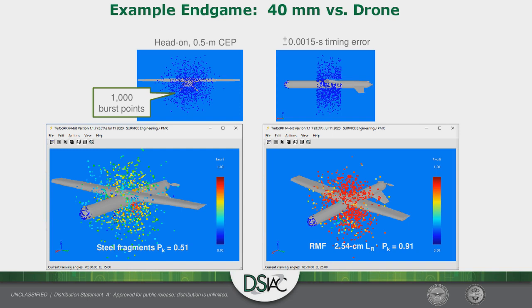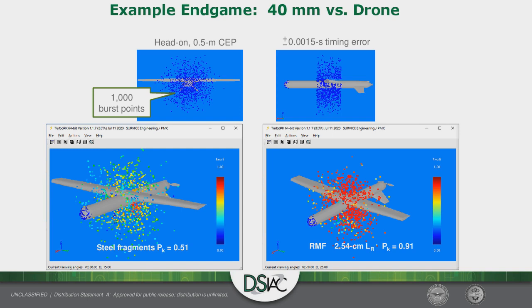In the other dimension, this is a command-detonated projectile, and it's given a detonation time, but there are errors associated with that, typically plus or minus 1.5 milliseconds, randomly distributed in there. So that spreads the burst points out in the other direction. So this is the cloud of burst points we're analyzing.